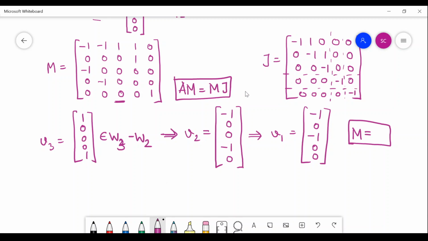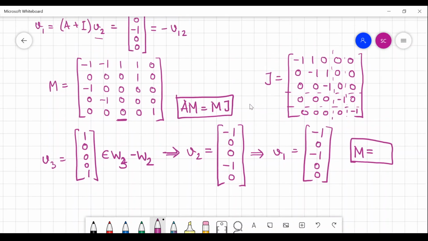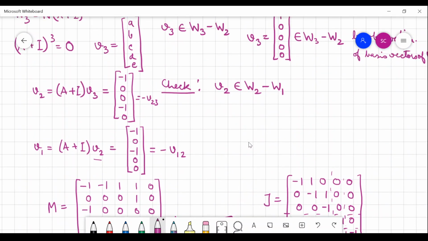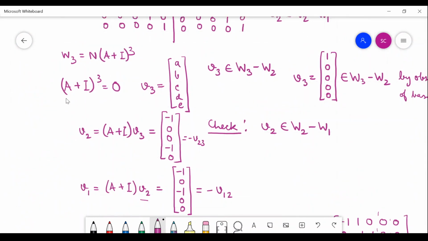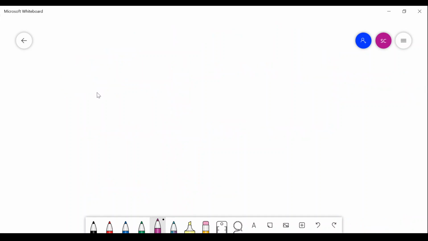In these two examples that we have done, when we reached the minimal polynomial's degree, we got 0. But if there was another eigenvalue, then the 0 could have been reached earlier also. So you have to go to the degree where the minimal polynomial is 0, not to the degree where the matrix raised to some power becomes 0.